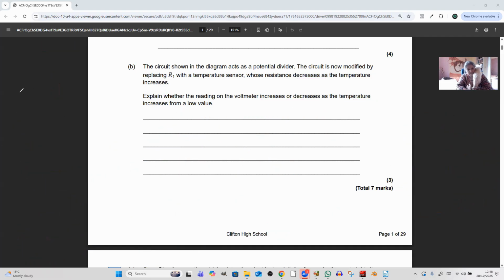Okay. Right now, again, we still have the resistance going down with increasing temperature for our thermistor.